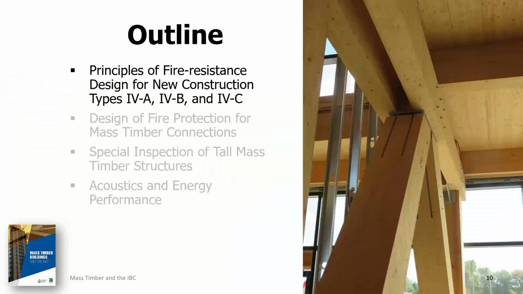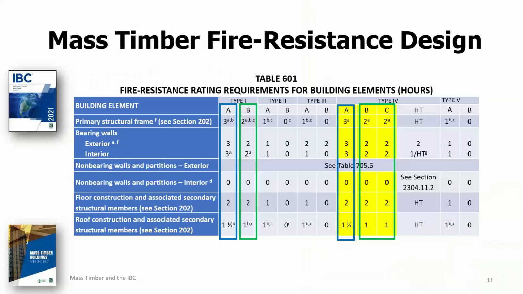Yep, indeed. All right, so let's get started on the meat of this. The first topic that we're covering today is, like I mentioned, fire resistance design provisions for the new mass timber construction types. Here's the updated IBC Table 601. I'm sure most of you, especially you designers out there, are familiar with Table 601 of the IBC.